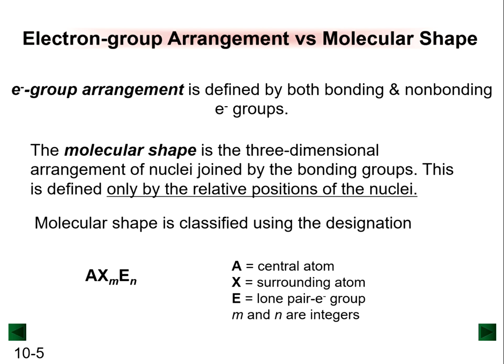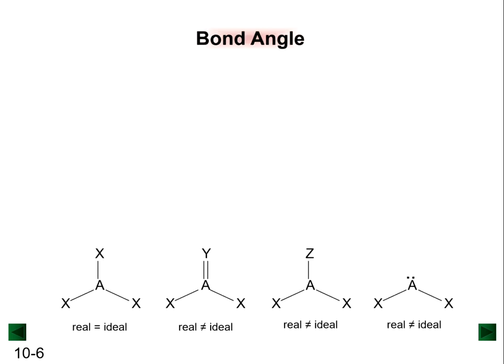And then E, of course, is our lone pair electron group. And then N would be the number of lone pair electrons we have. So we can classify the molecular shape using these. But the molecular shape is really only defined by the central and the surrounding atoms. The lone pairs will dictate where they move, but then we'll identify the shape based on A and X.